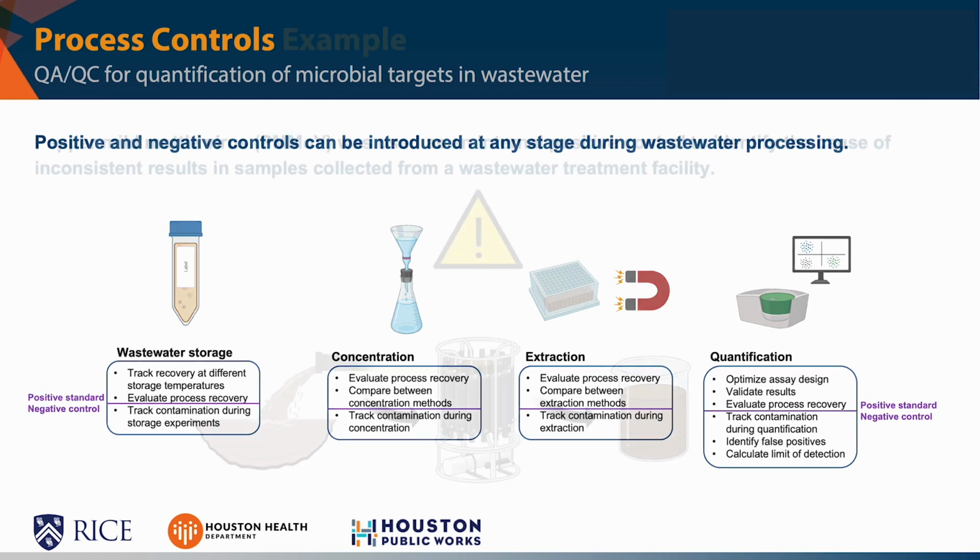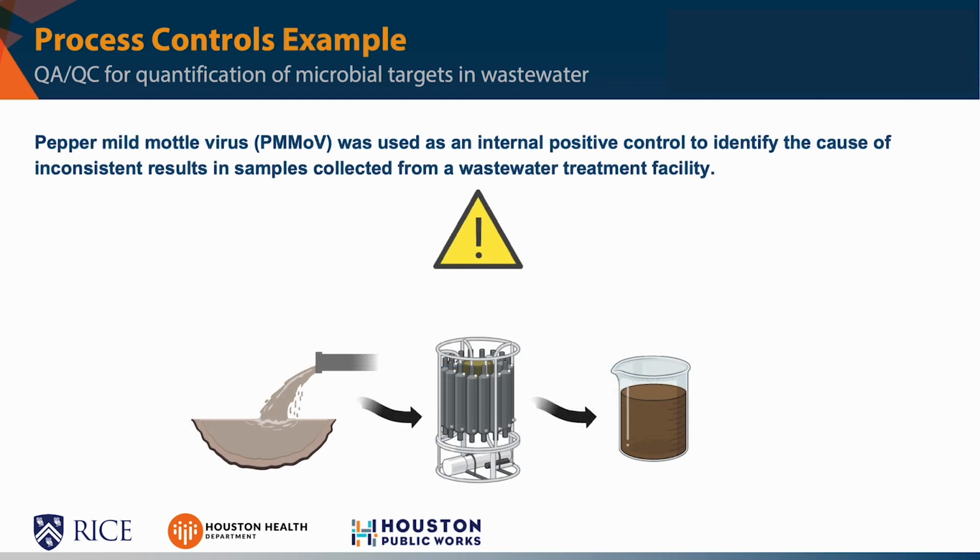To wrap up the process control discussion, I'm going to briefly give an example of how internal standards were used to identify a sampler issue in our lab. In the spring of 2022, we noticed that we were getting inconsistent SARS-CoV-2 concentrations in routine samples collected from one of our wastewater treatment plants.